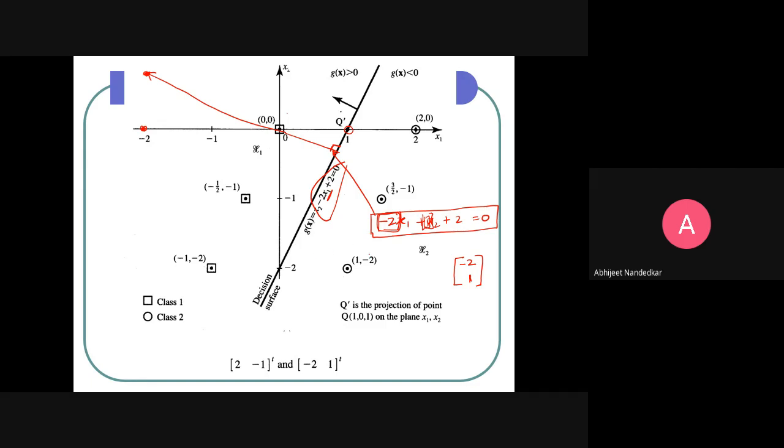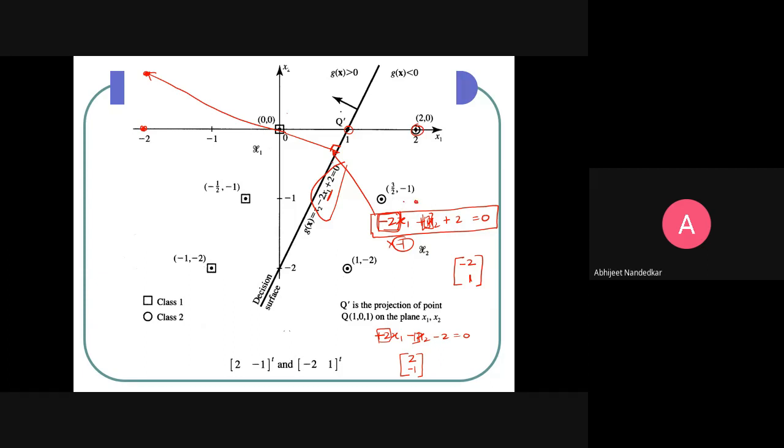Now if you multiply this line equation by minus 1, what will happen? This will be plus 2x1 minus x2 minus 2 equal to 0. So I am multiplying this equation by minus 1. If I collect now the coefficients of the variables of this line, it is 2 and minus 1. So where is this? This is 2 and minus 1 somewhere here.